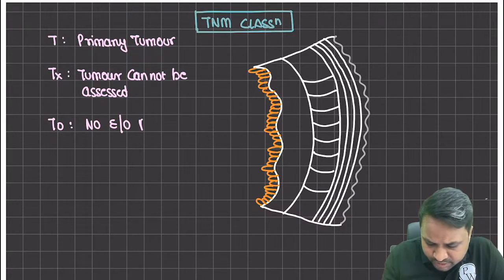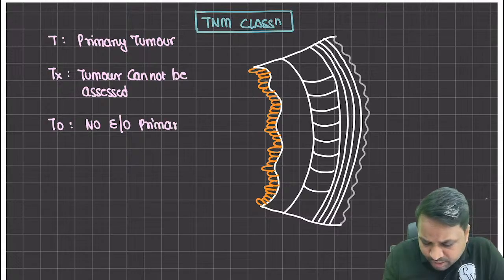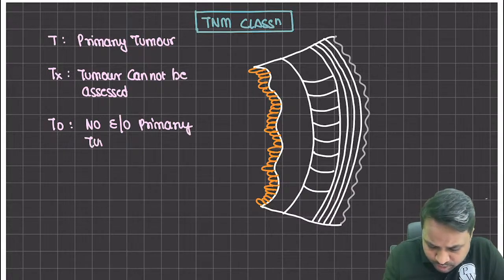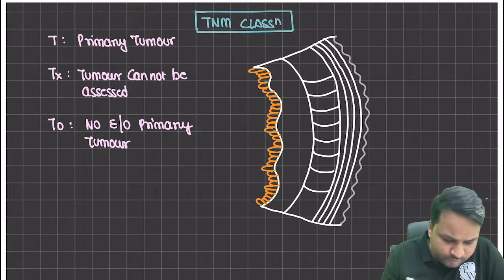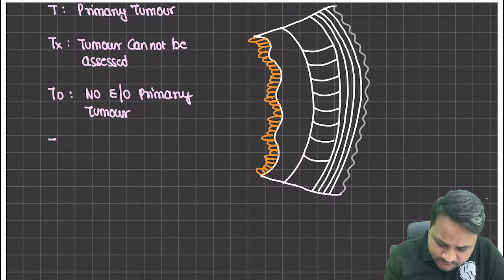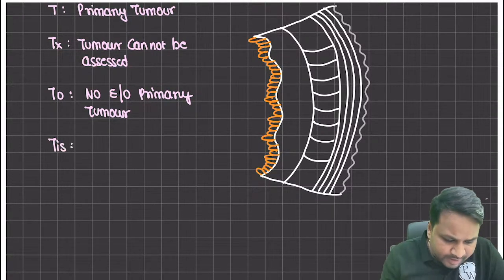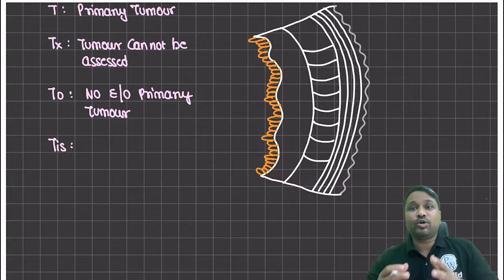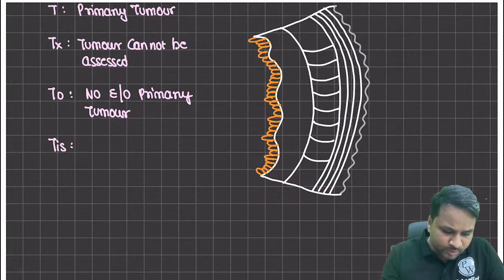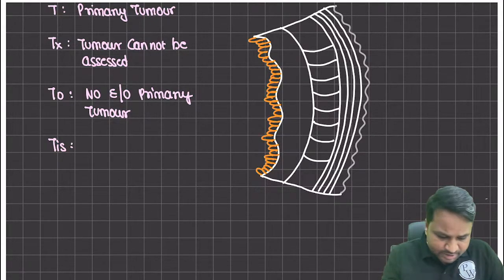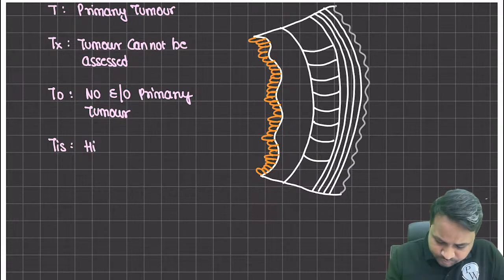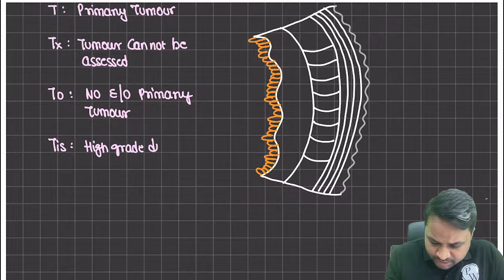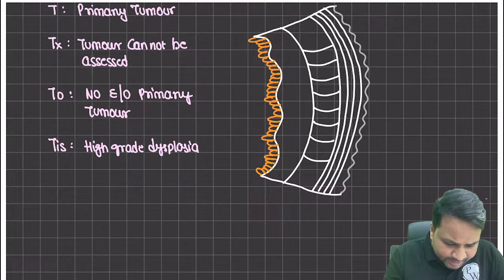Then you have Tis. Tis is carcinoma in situ, which we say when it consists of high grade dysplasia.